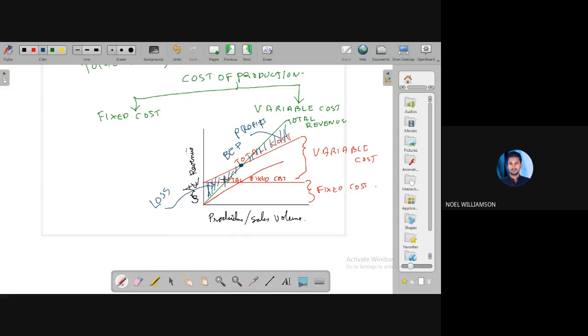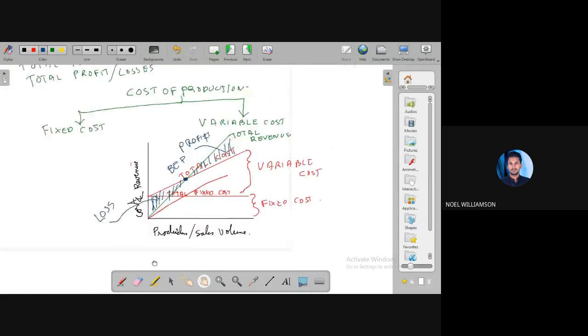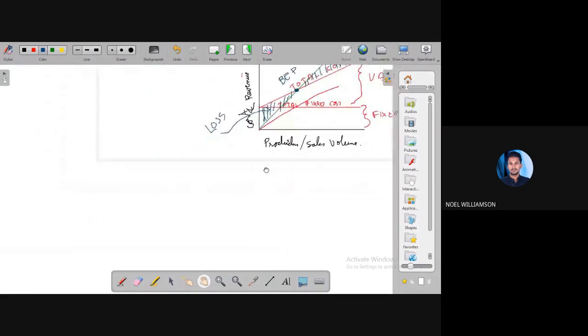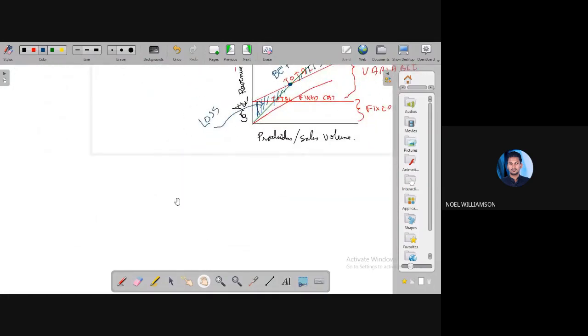Now we will see the relations associated with this break-even point. Let us say capital F be the fixed cost, small v be the variable cost per unit.